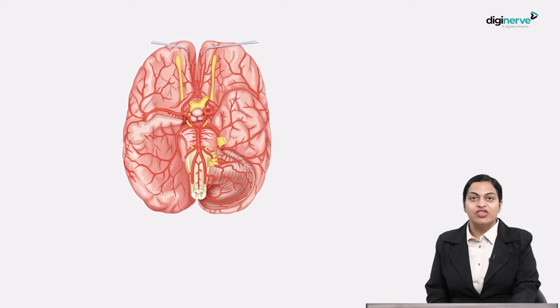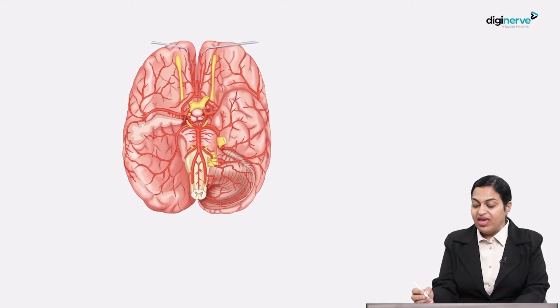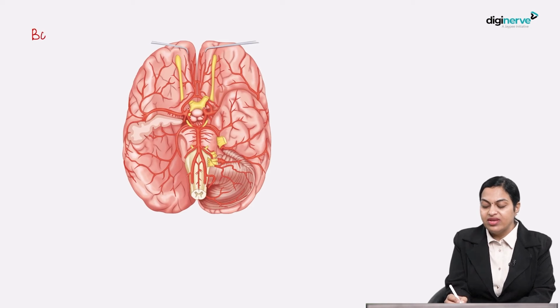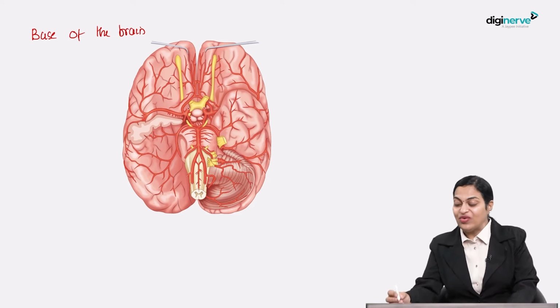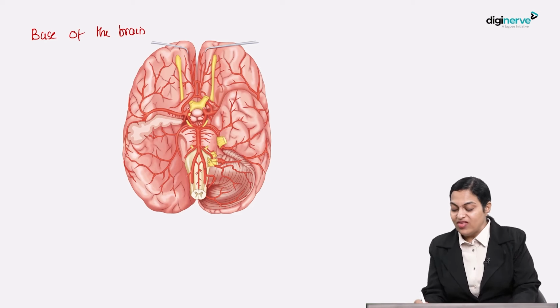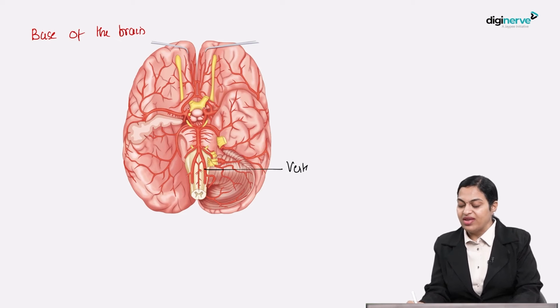So, what is this picture that you see here? The base of the brain, isn't it? What are the arteries you get to see here? This one here is the vertebral artery.